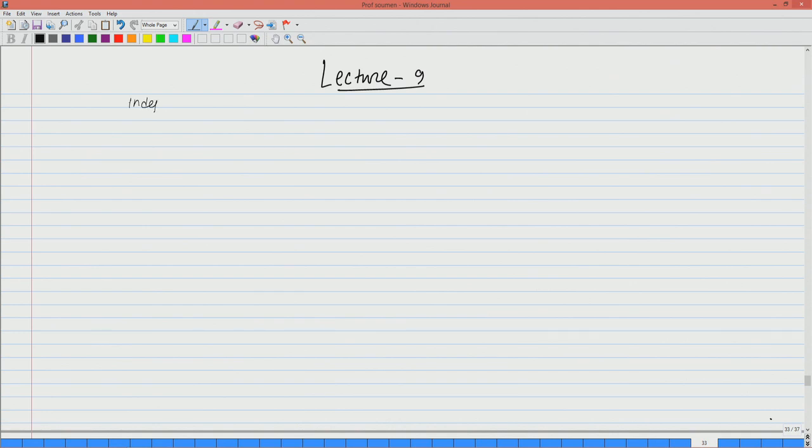So, independent set. An independent set is a set of vertices S such that no two vertices in S are adjacent.